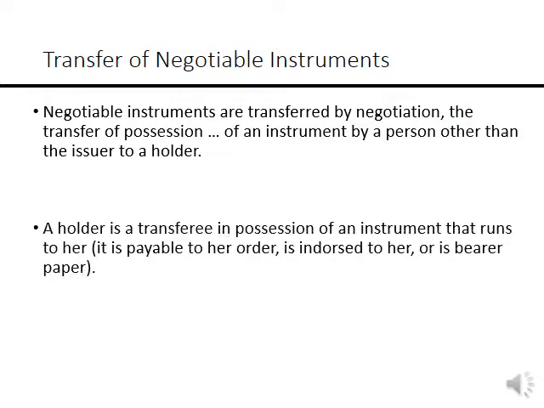So negotiation is transferring an instrument from person to person to person and making them a holder. How do you make somebody a holder of an instrument? So we've been looking at the front of the instrument or the face of the instrument. In order to make somebody a holder of the instrument, it has to be made payable to the person, like if you write a check payable to Mark Fleming, that is payable to me.